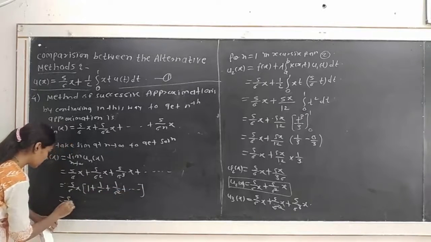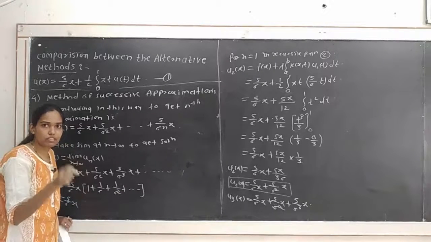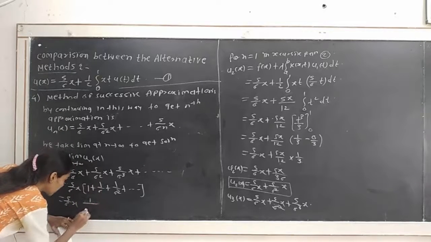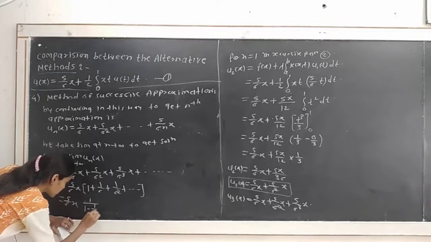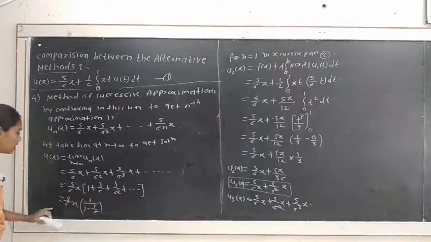Then again we use the expansion of 1 divided by 1 minus x, that is 1 plus x plus x square and so on. So here we consider x as 1/6 and we get 1 divided by 1 minus 1/6.